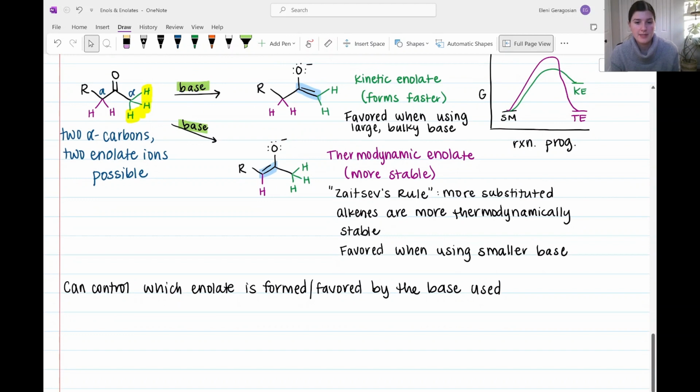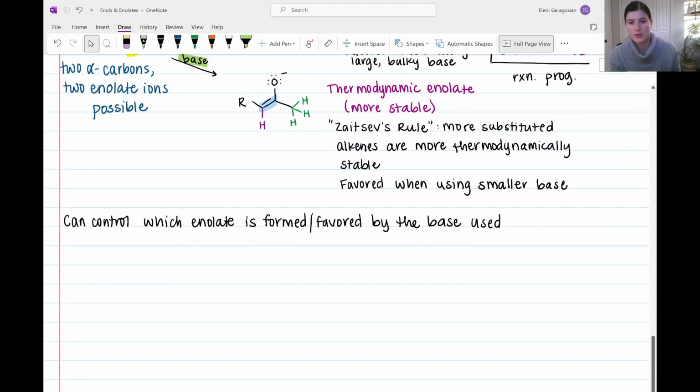Okay, so different bases will favor a different enolate.